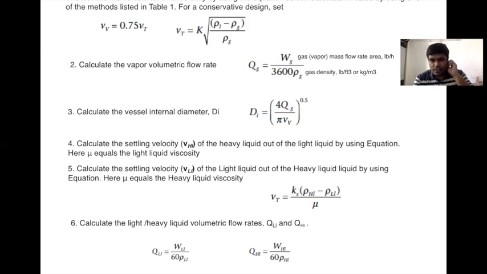So in this way, this can be calculated. Further, you have to find the volumetric flow rates of the lighter liquid and the heavier liquid, right? So once you have the value of this QLi and QHi, you can use this equation to find out the QLI and QHI, right?